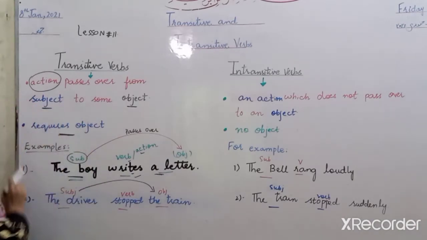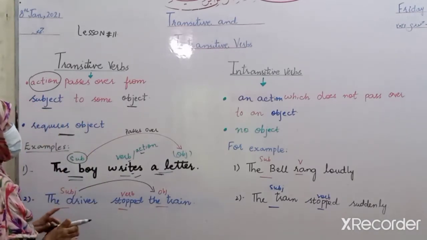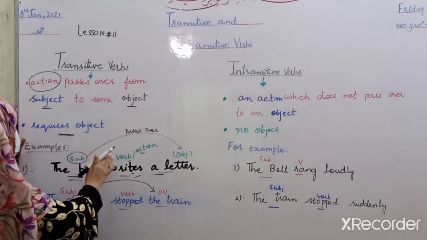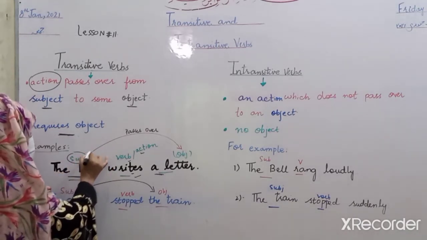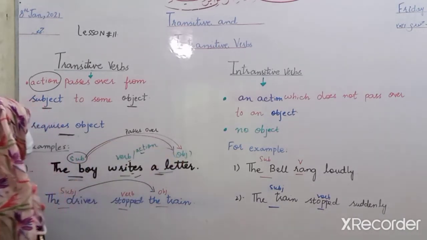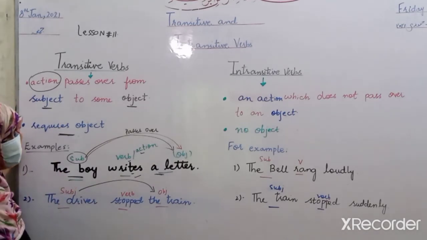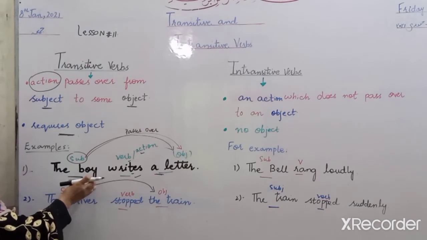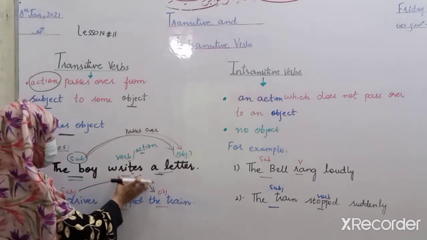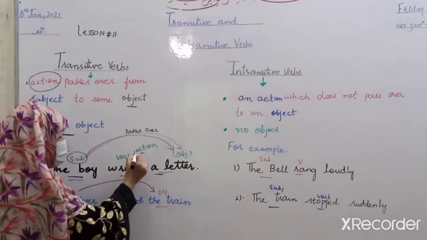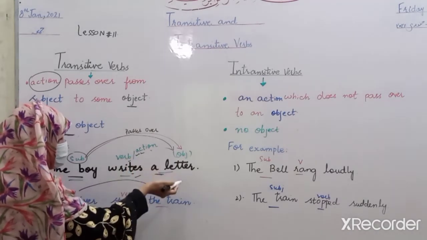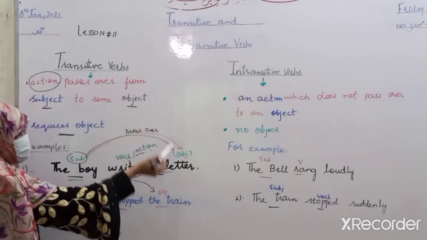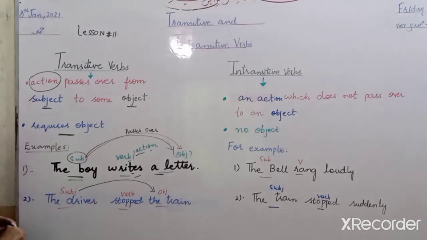So here I have explained to you that any action which passes over from subject to object is called a transitive verb. Look, the boy is our subject, what is he doing, he is writing. This action will pass over from the subject towards the object.